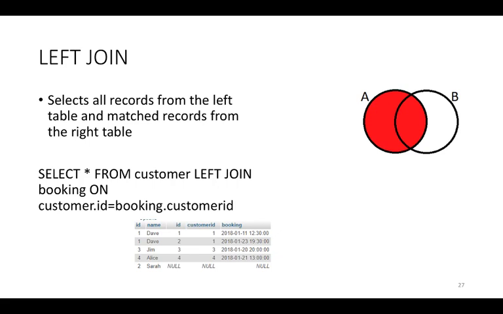So I want every customer regardless of whether or not they have a booking, which is the entity B. So in this case, Sarah's come out and Sarah has no bookings, so has null values in all of the booking fields. So left join, give me everything on the left, matching data if it exists on the right, if not, null those values out to come in.